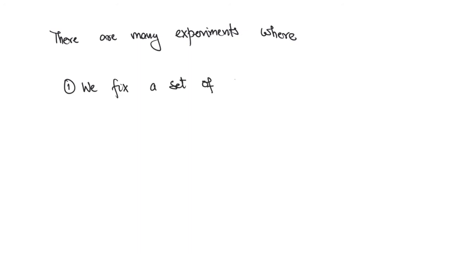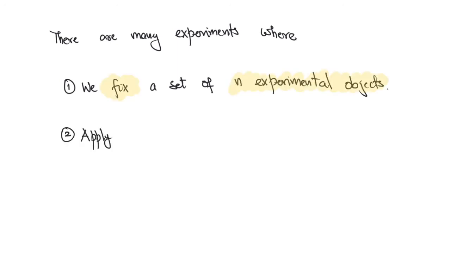Such a setting is not an isolated case. In fact, there are many experiments where we will fix a set of n experimental objects and then apply two treatments or observations to these experimental units.